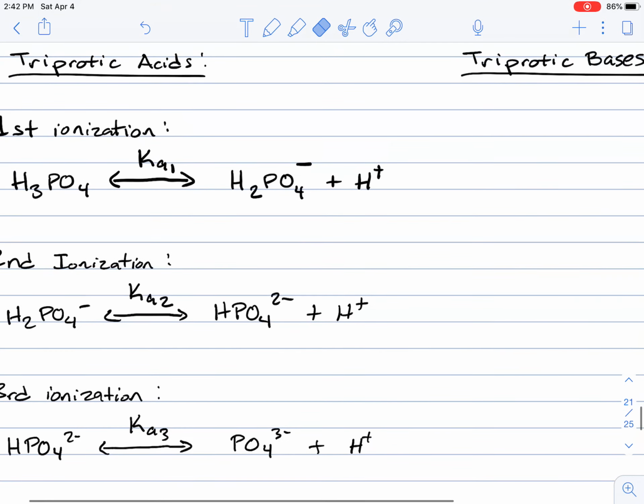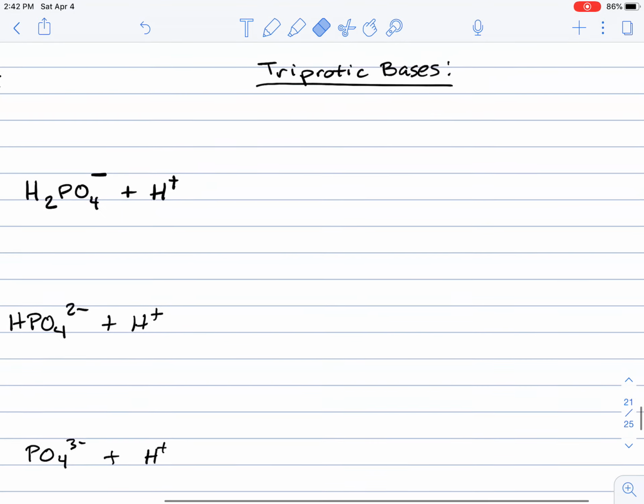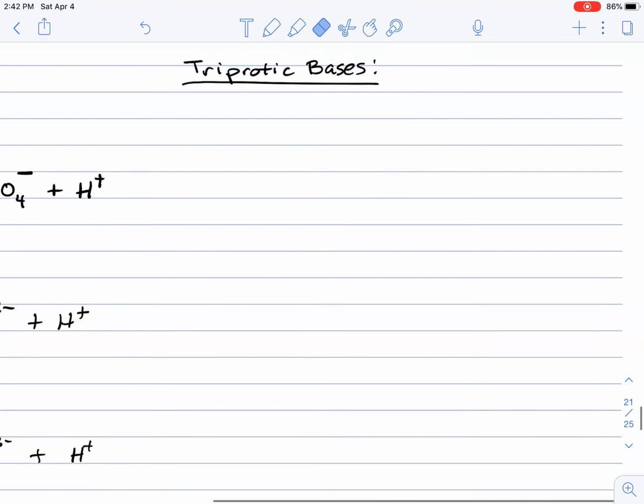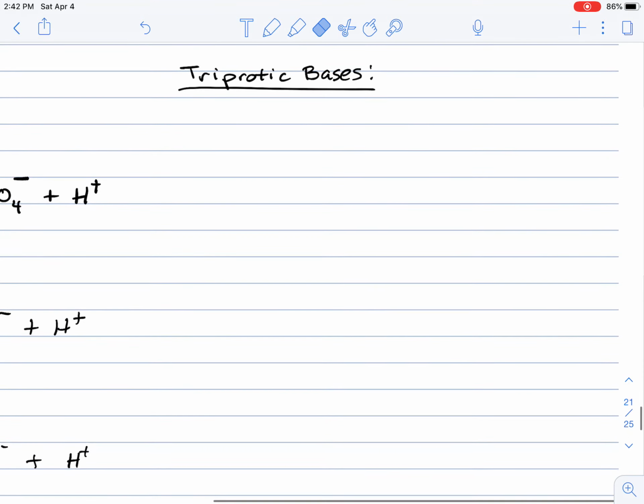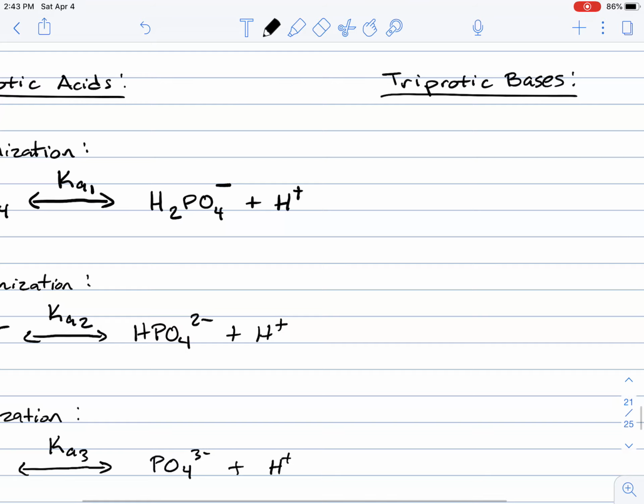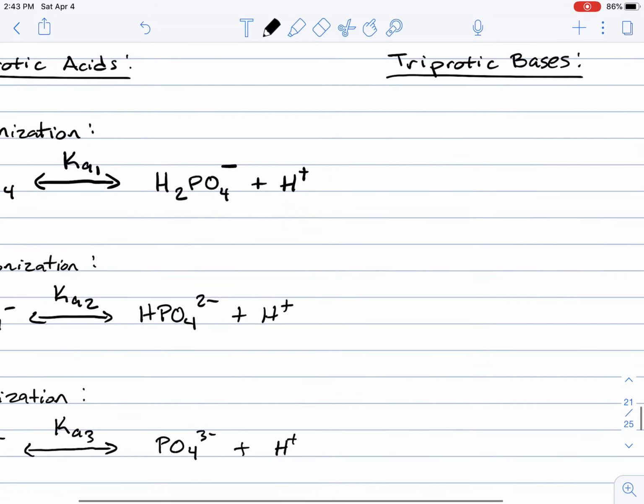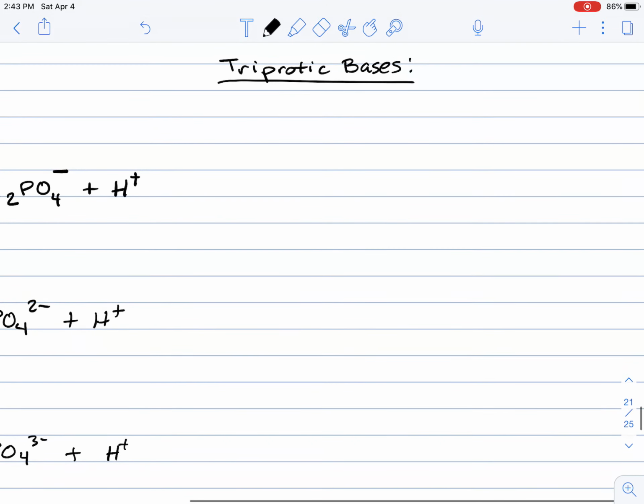All right, and so we're going to apply the same logic for triprotic bases, and we're still going to use the same anion. So since we have phosphate as our anion, that's what we're going to start with.